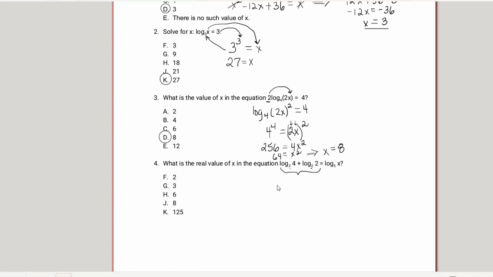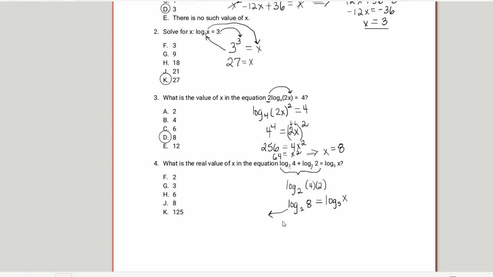We can rewrite this as log base 2 of 4 times 2, which is log base 2 of 8, equal to our right-hand side, log base 5 of x. Now notice we have a base 2 on the left-hand side, a base 5 on the right-hand side. So until we get those the same, we can't really do anything. We're going to work this in pieces.